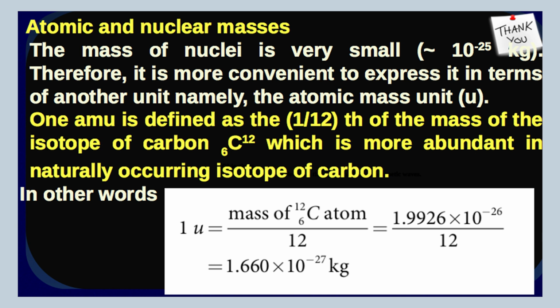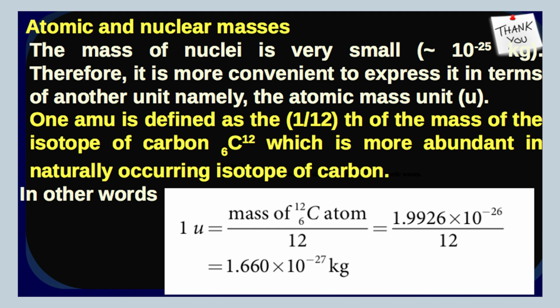The mass of nuclei is very small, and therefore it is more convenient to express it in terms of a unit known as the atomic mass unit, represented as AMU or just U. Mathematically, it is defined as 1/12 of the mass of the carbon isotope C-12, and generally this isotope is used because it is abundant in nature and easily available.